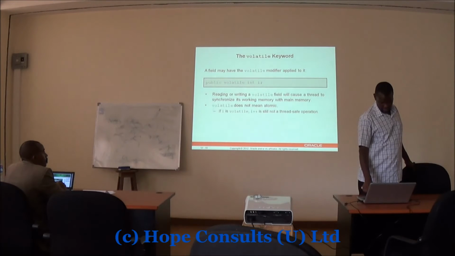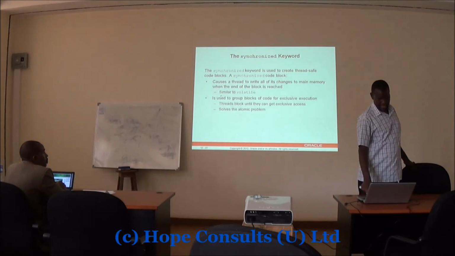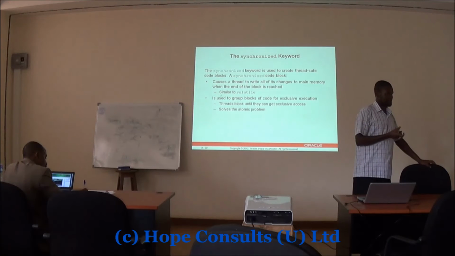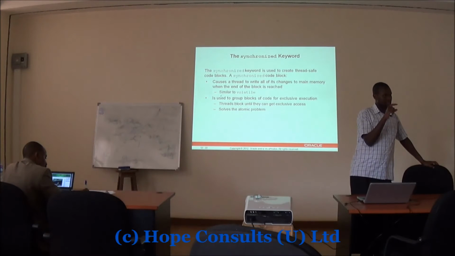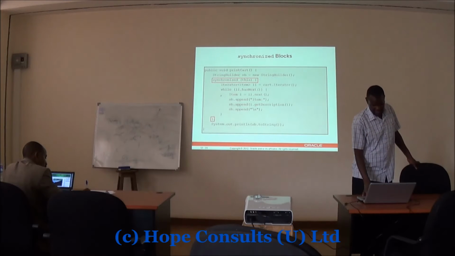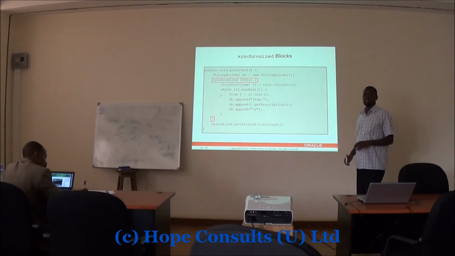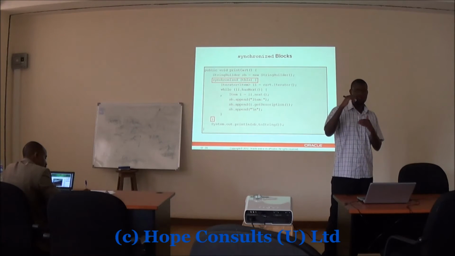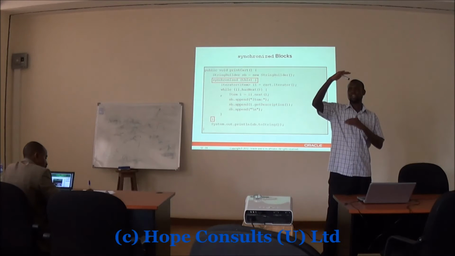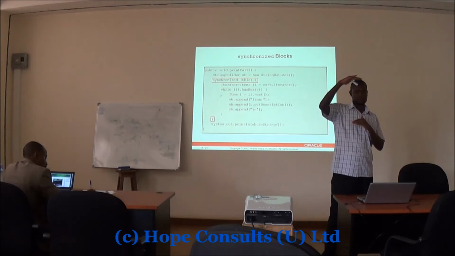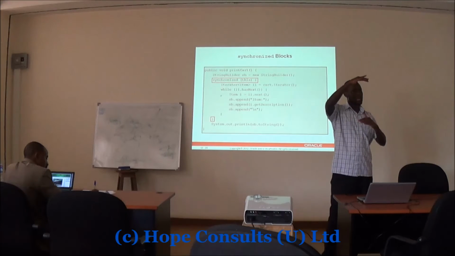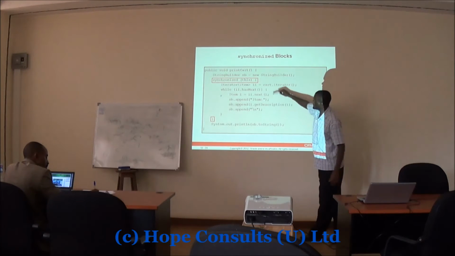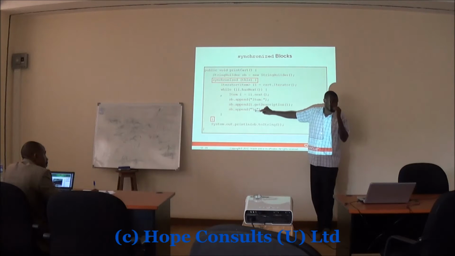Now I want us to get the difference between volatile and synchronized. Volatile is used for fields, simple fields. But synchronized is used to synchronize the access of a section, several lines of code, to protect a series of lines of code, like from this section 1, 2, 3, 4, 5.